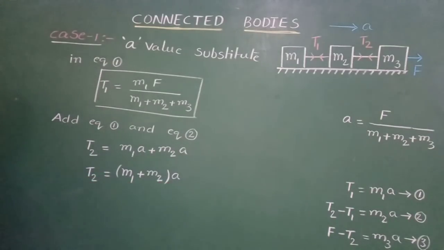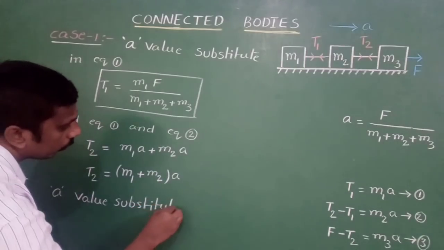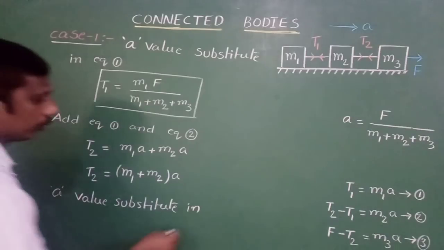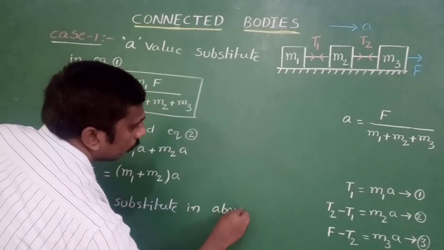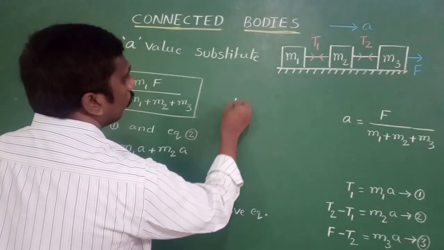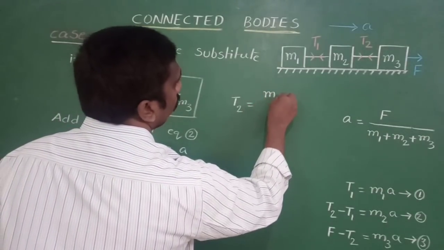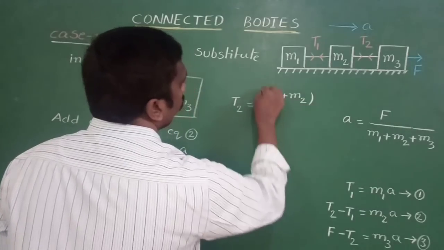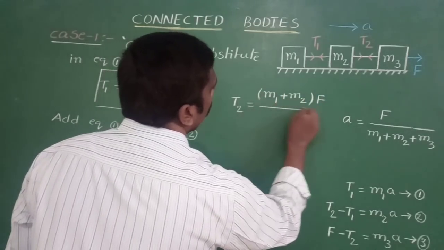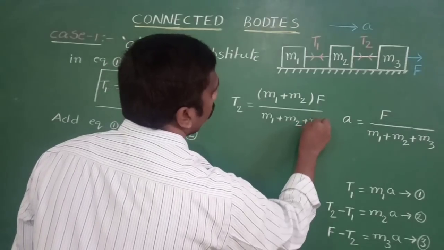Substitute the A value in the above equation, then we get tension T2 is equal to M1 plus M2 into A, which is M1 plus M2 into F divided by M1 plus M2 plus M3.